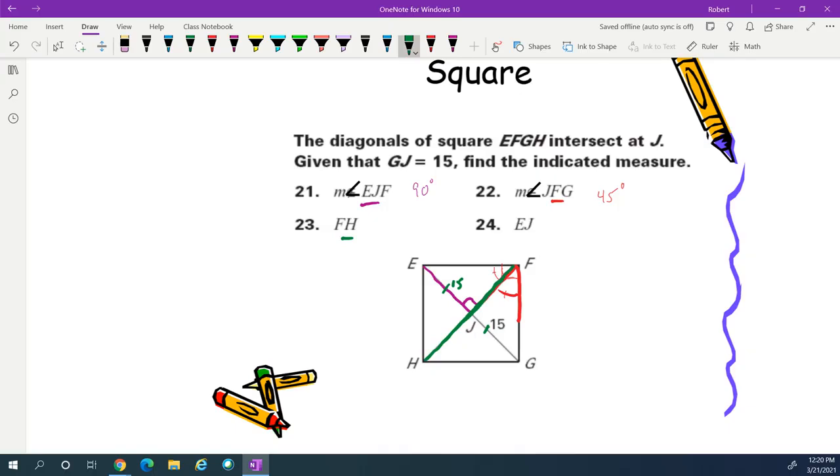So each diagonal in this question is 30. So diagonals are congruent and diagonals are bisected. And our last one here, EJ. We already labeled it. We actually did that to help us with the previous question. It is 15. Diagonals are bisected and the diagonals are congruent.